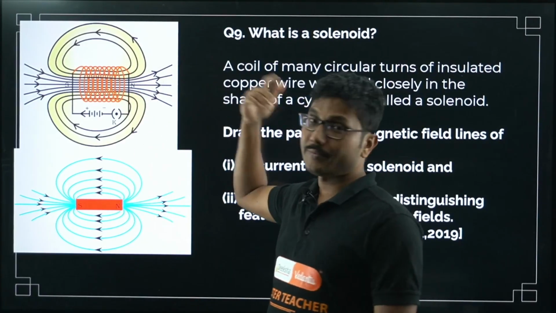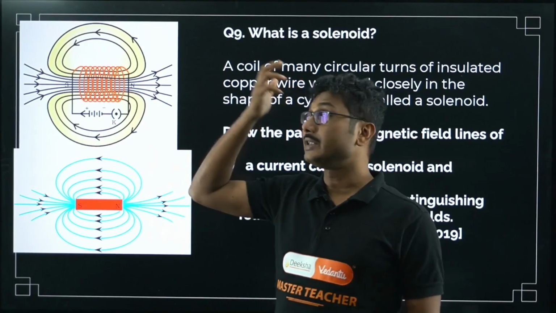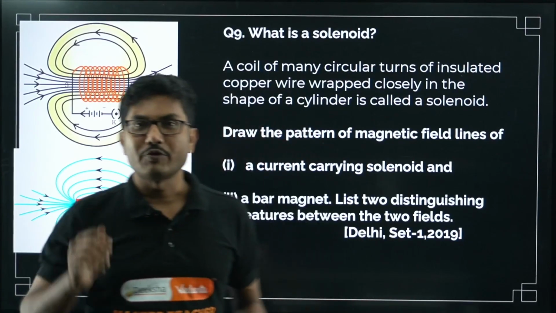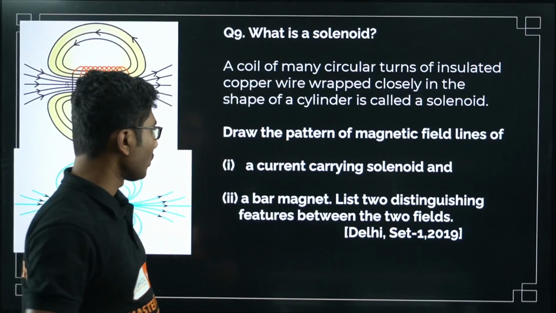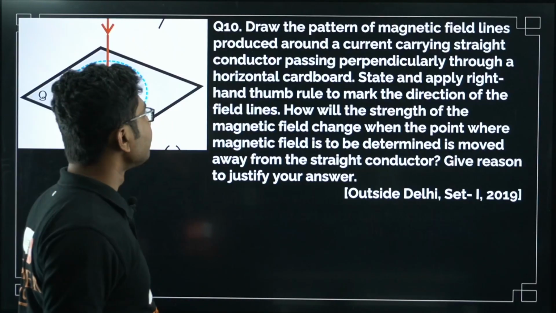If you decrease the number of turns, it will be a weaker magnetic field. If you increase the number of turns, it will be a stronger magnetic field. If you know any other points than this, don't forget to mention them in the comment below. So these are the main two differences between the two fields.